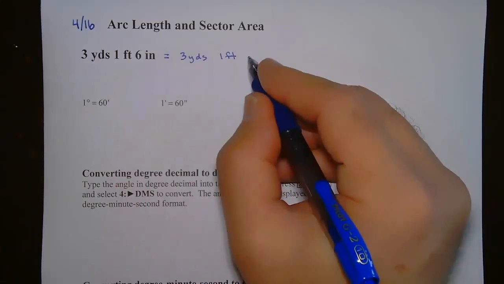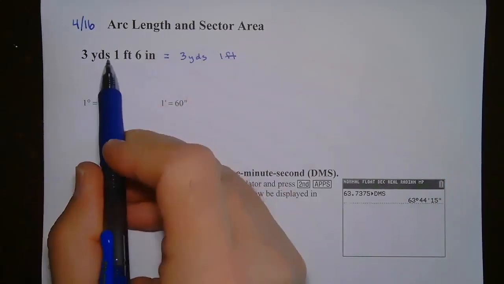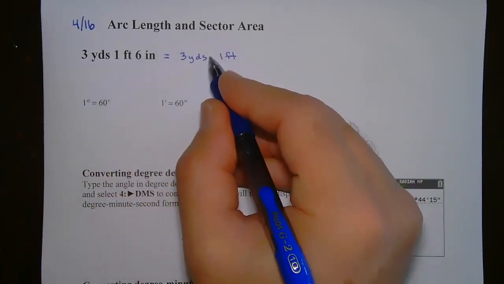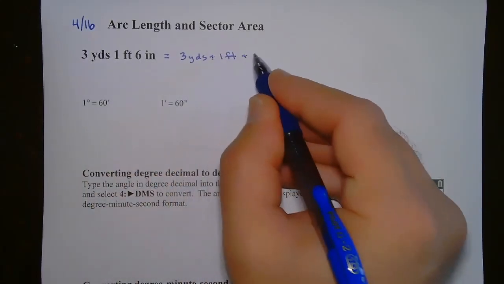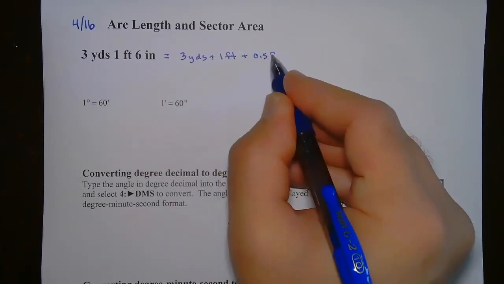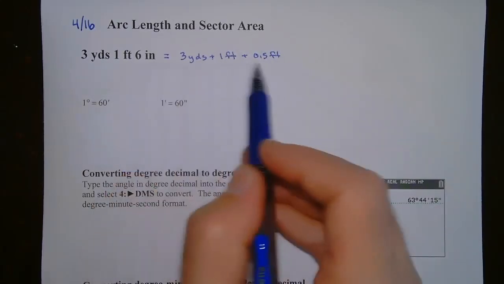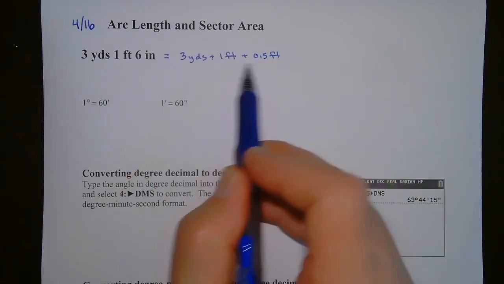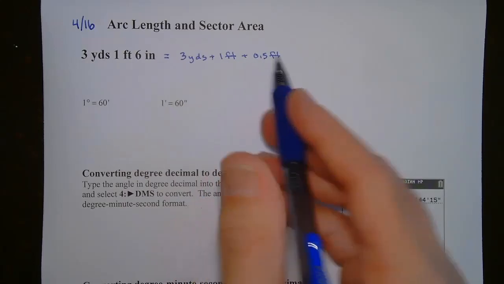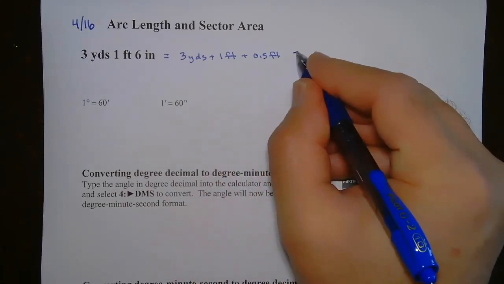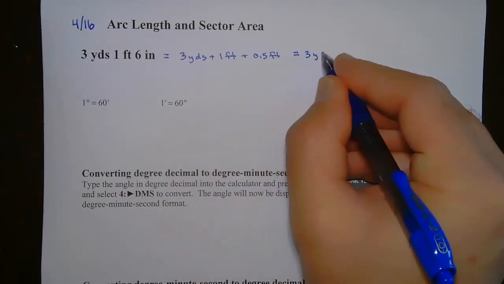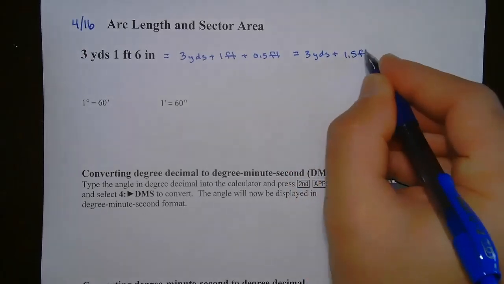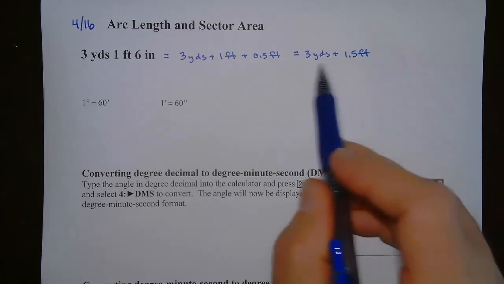We don't put it in between here, but it's actually addition: 3 yards plus 1 foot plus 0.5 feet, because the 6 inches is the 0.5 feet. Now we can combine these because we have the same unit, so we have 1.5 feet. Now this is 3 yards plus 1.5 feet, and we've converted it down to just 2 units.